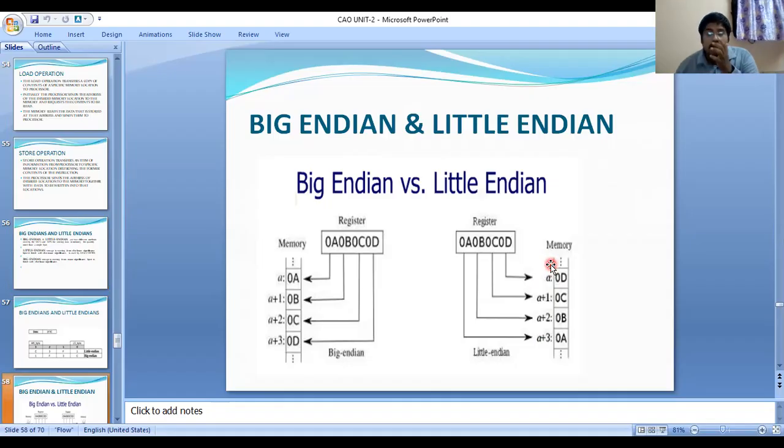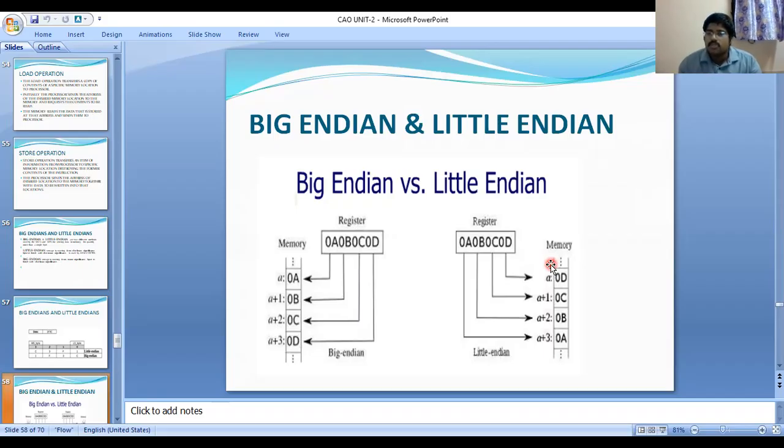I have told you previously, and I am revising once again, that whatever values we write, we write in the hexadecimal number system. Whether it is 8086 programming or 8051 programming, as far as our electronics point of view, we represent a number in the hexadecimal number system.